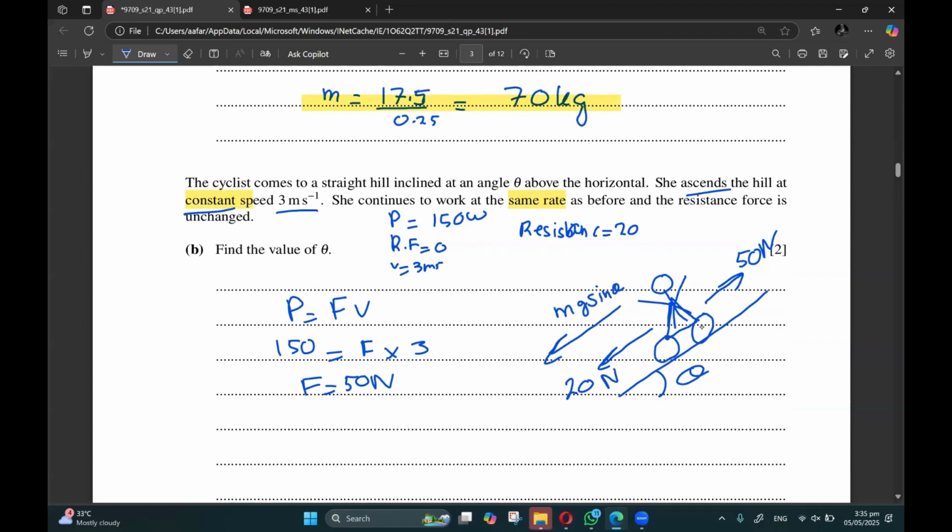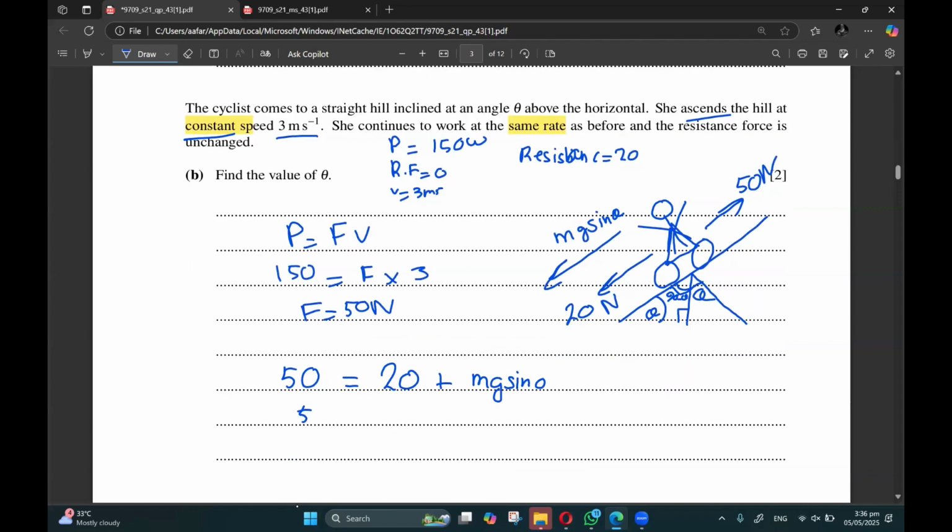So we can equate 50, which is the driving force, with the resistance and the component of weight, mg sine theta. Let's say this is a right angle triangle, then this angle is 90 minus theta. If this is 90 minus theta, then this will be theta, and this component will be sine theta.